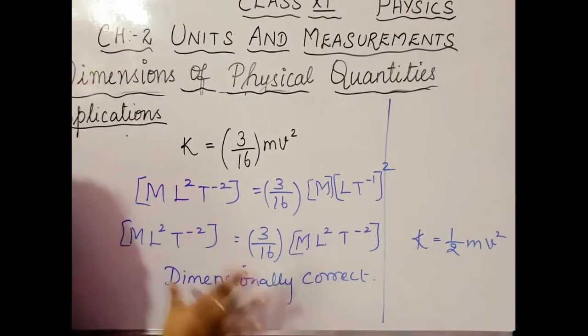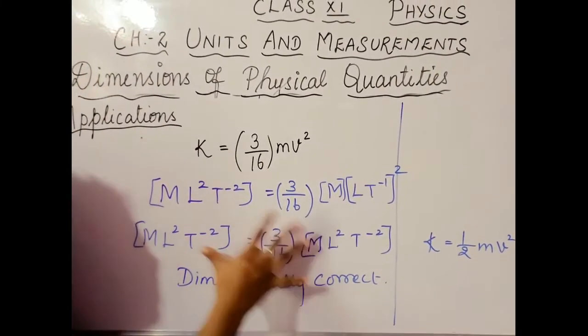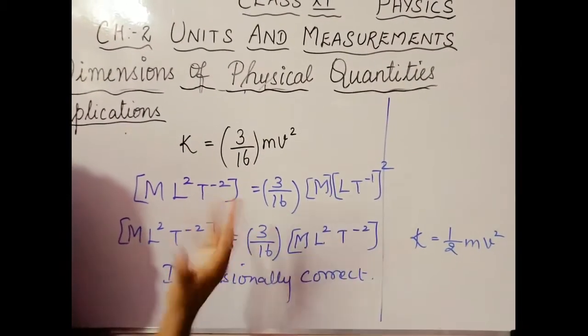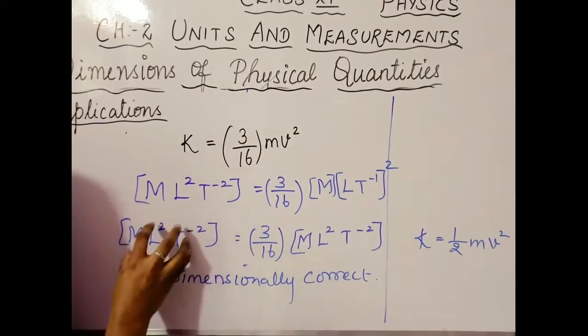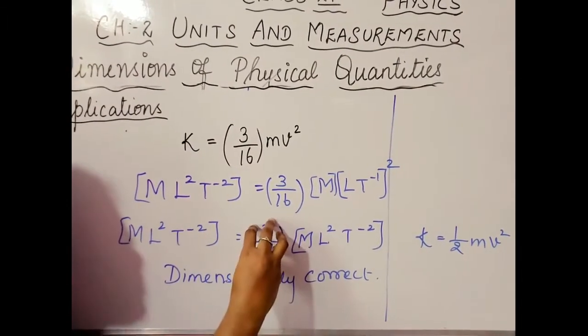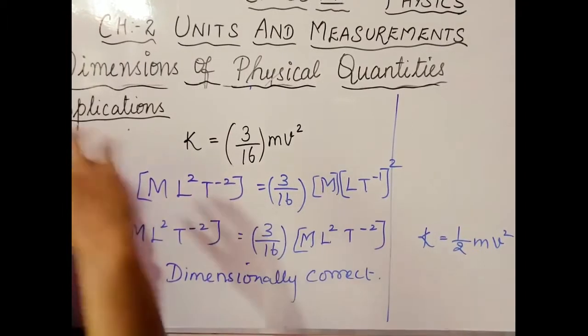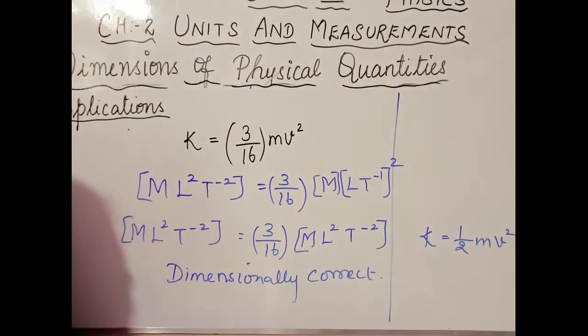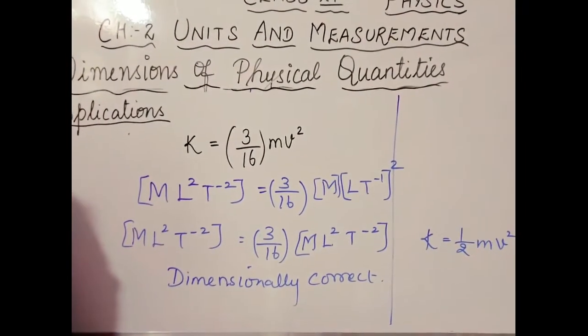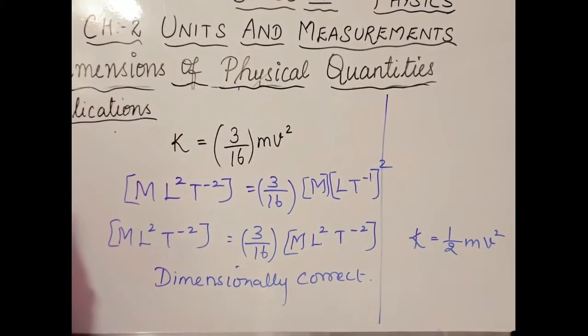We can check whether it is dimensionally correct or not, but the constant we cannot find out. So dimensionally it is correct, but to find out the constant we have to go for the original formula for kinetic energy, that is K is equal to half mv square.